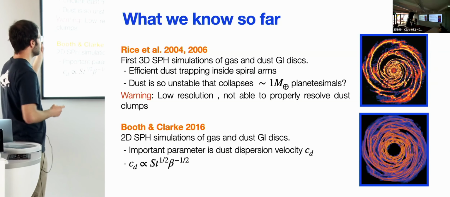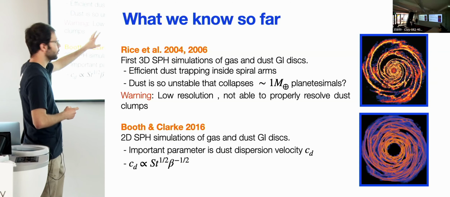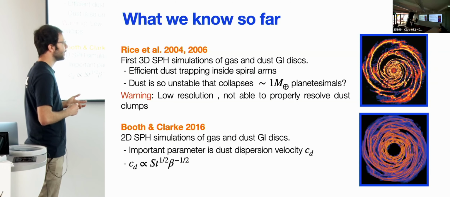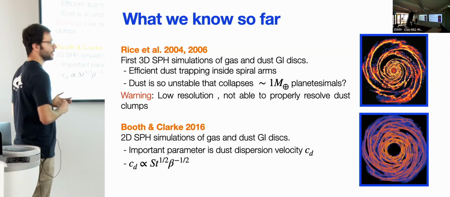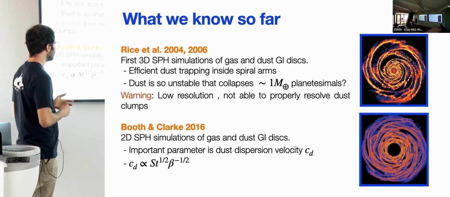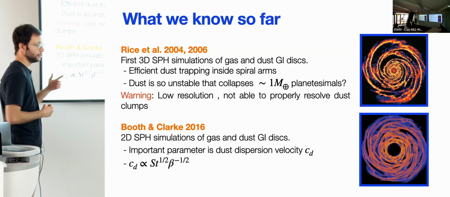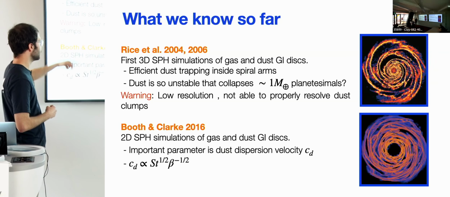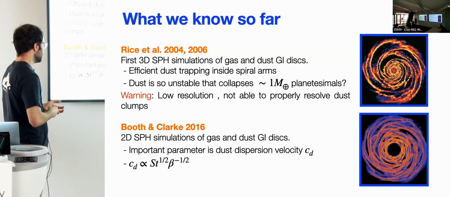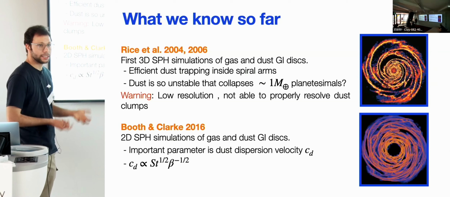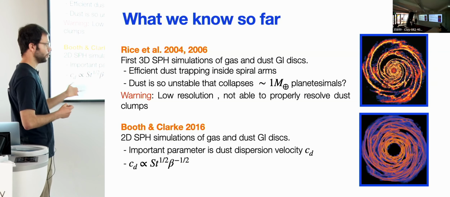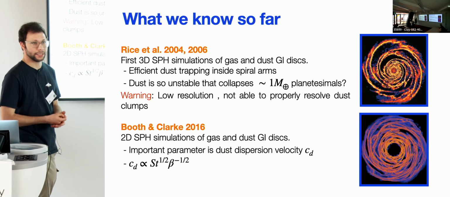But this is just a warning, so these were low-resolution simulations, and they were not able to properly resolve dust clumps. And another important work in this context is Booth and Clark 2016. So they performed two-dimensional SPH simulations of gravitationally unstable disks, and they studied dust dynamics.